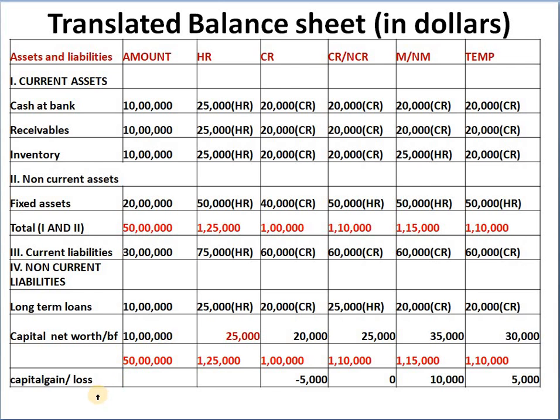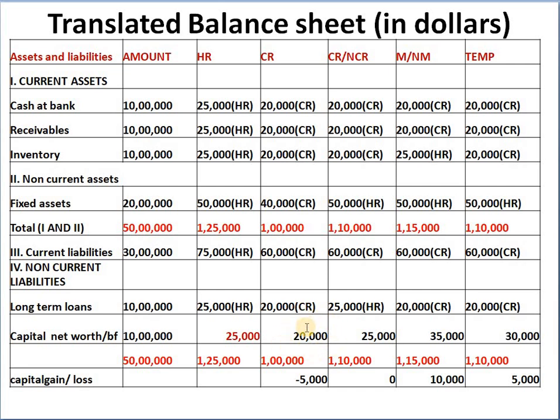Now, to get the capital gain or loss, what you need to do is, with the help of the historical rate method, historical cost, you can see here this 25,000 helps you to get the capital gain or loss. So go on subtracting capital after transaction.